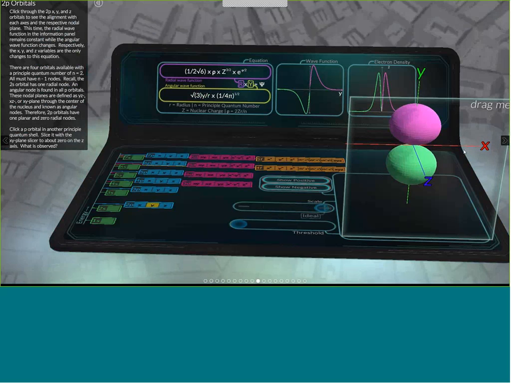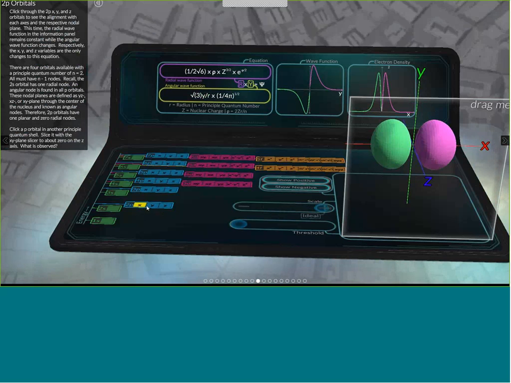It is seen here with the fact that this orbital is oriented on the y-axis and the xz plane is the planar node. You can look at one of the other p orbitals, this one being on the x-axis with the yz as the planar node.